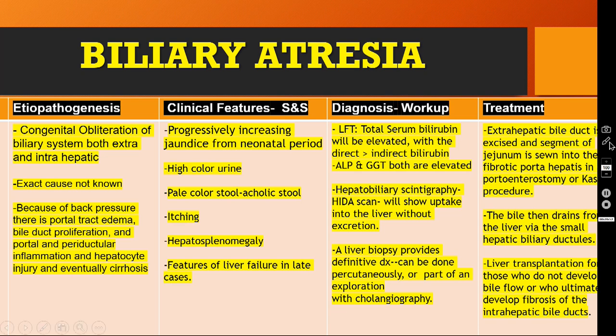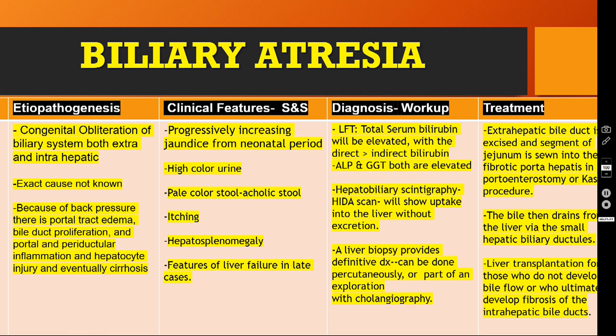Then you divide the jejunum 40 centimeters from the DJ flexure and take the distal segment through the retrocolic route up to the porta hepatis and do an anastomosis with the porta hepatis area where you have dissected the small biliary ductules. This is called portoenterostomy, or Kasai's procedure.